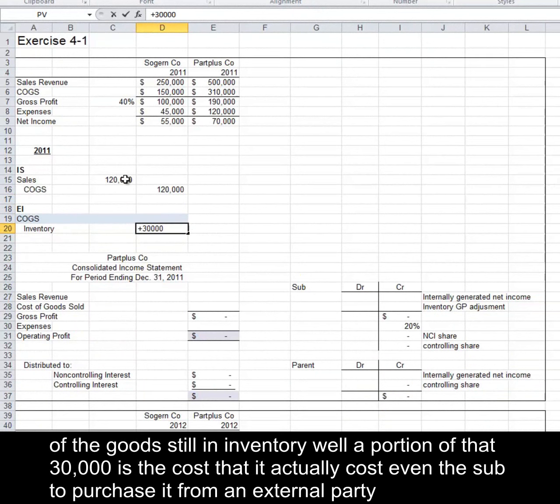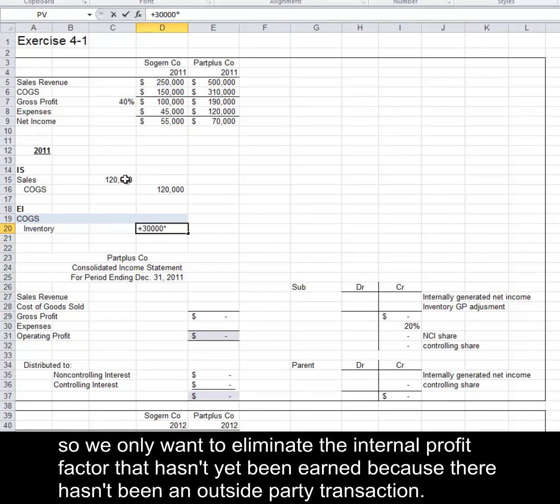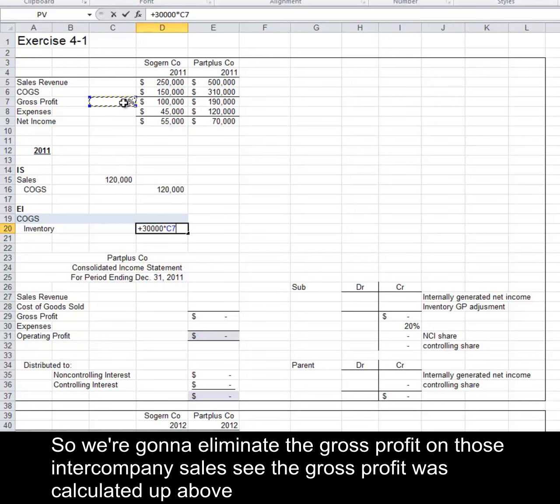Well, a portion of that 30,000 is the cost, that it actually cost even the sub to purchase it from an external party. So we only want to eliminate the internal profit factor that hasn't yet been earned because there hasn't been an outside party transaction. So we're going to eliminate the gross profit on those intercompany sales.